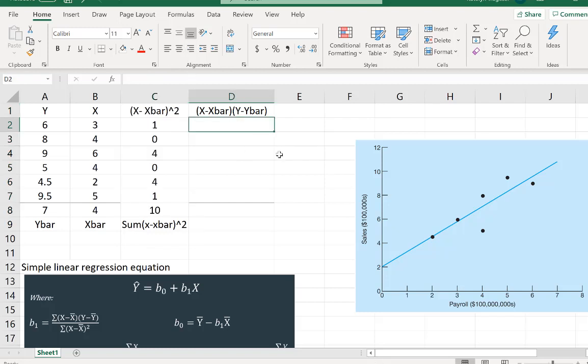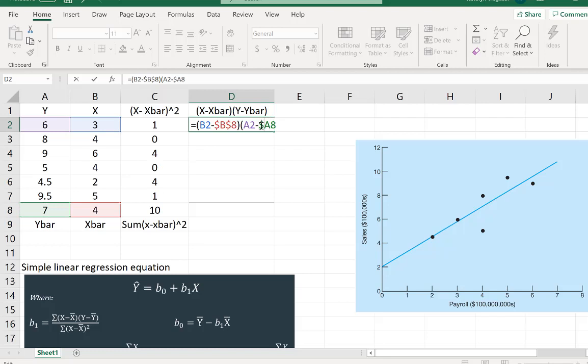X minus x bar times y minus y bar. So again, equals x minus x bar. Careful, don't grab your column C because that was squared. So we need our x value minus x bar, lock that in, times y minus y bar. Again, lock it in.